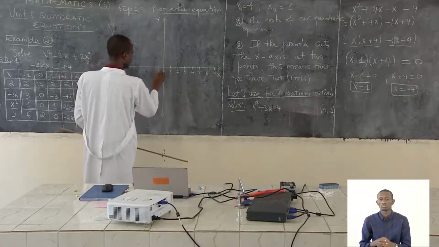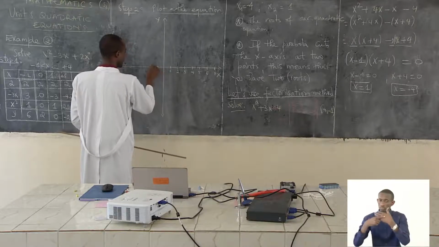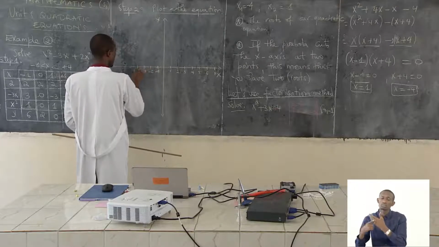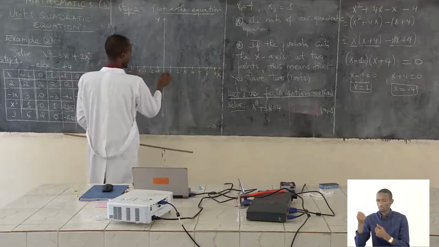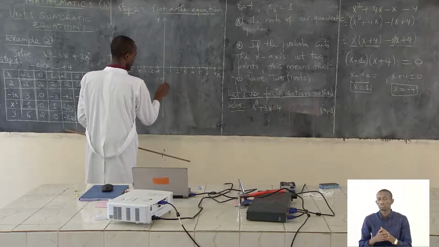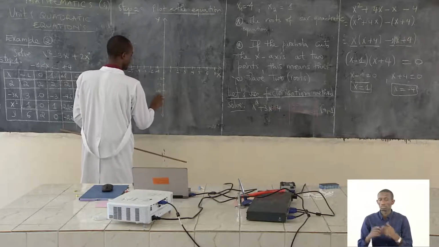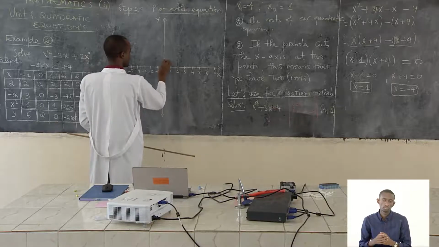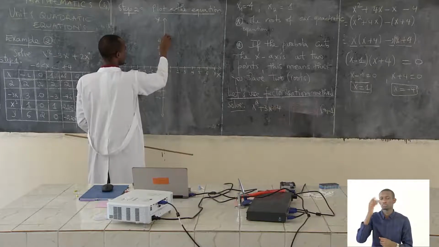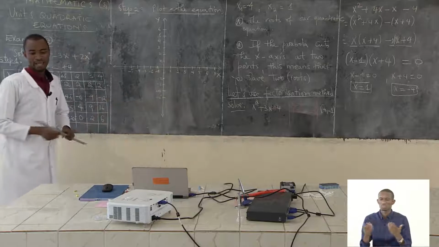We have negative 1 here, negative 2, negative 3, negative 4, negative 5, and negative 1, negative 2, negative 3, negative 4, negative 5. Here we have 1, 2, 3, 4, 5, 6. Almost looks like I'm having the same size.